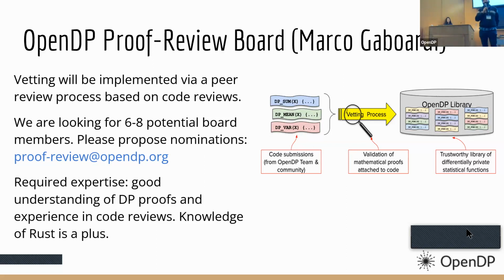If you have experience with academic review, this will be very similar, but we also want to review code. So we will need to put hands not only on the proof, but also on the code. So we are looking for people that have expertise in reading proof and reading code.